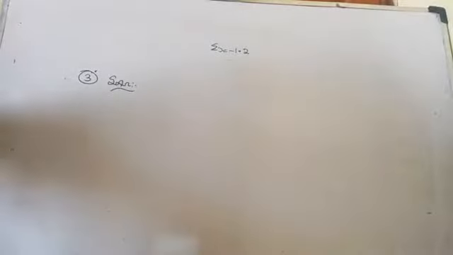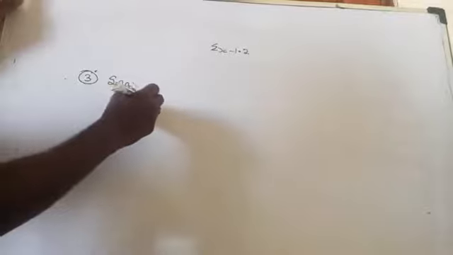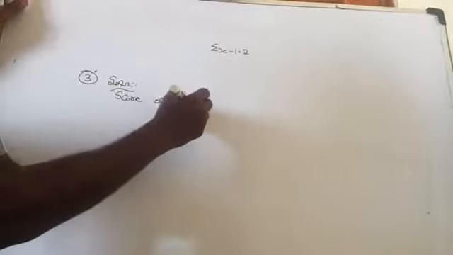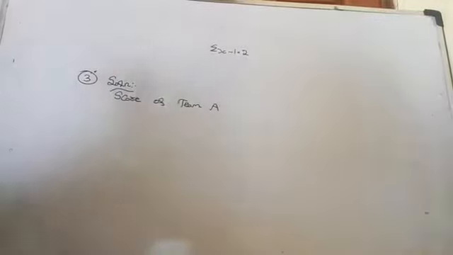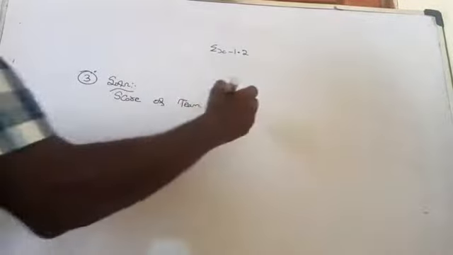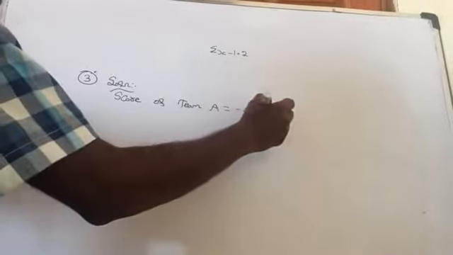Okay, see, the score of team A, what is given: minus 40, 10, 0.